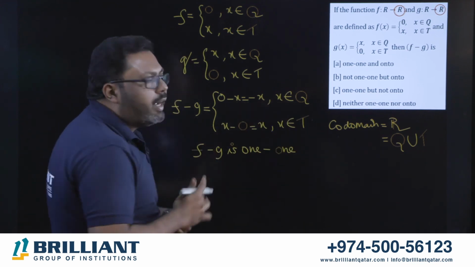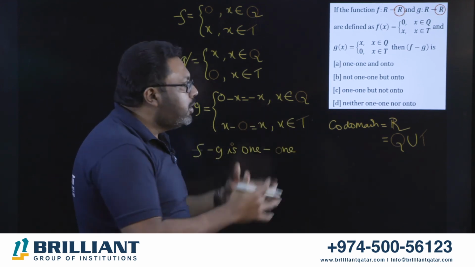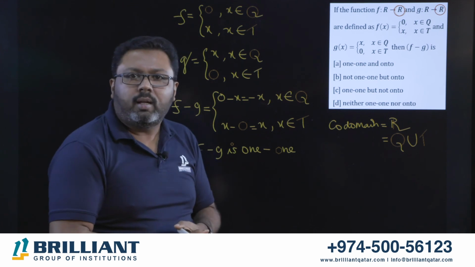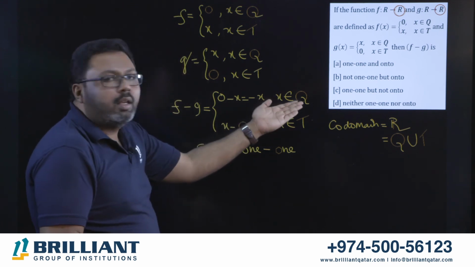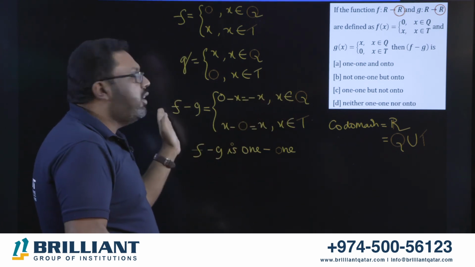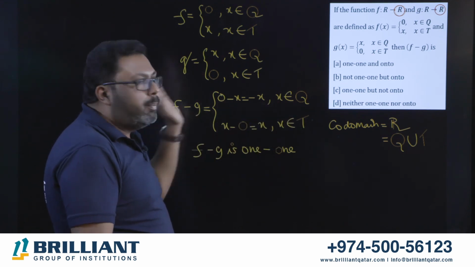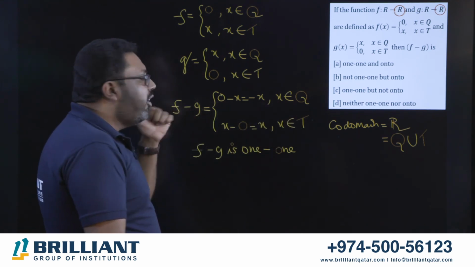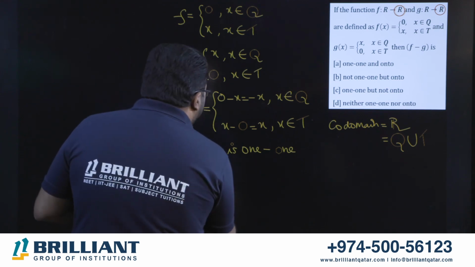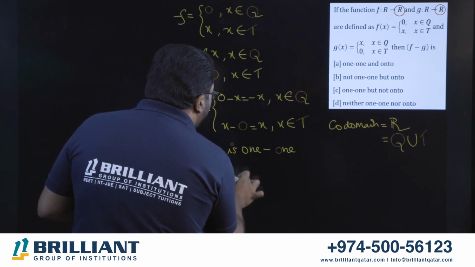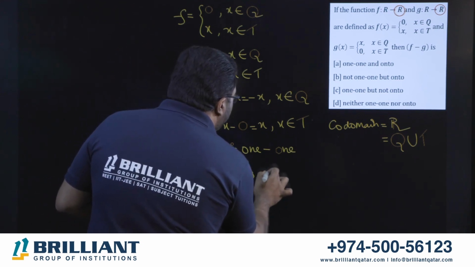So every rational number is obtained in f minus g, and every irrational number, positive and negative, is obtained in f minus g. Therefore f minus g is onto also.